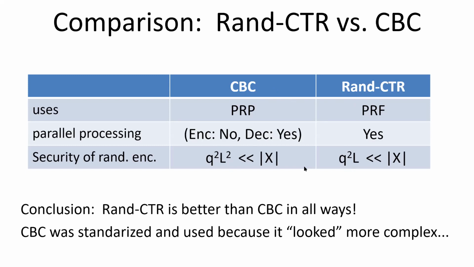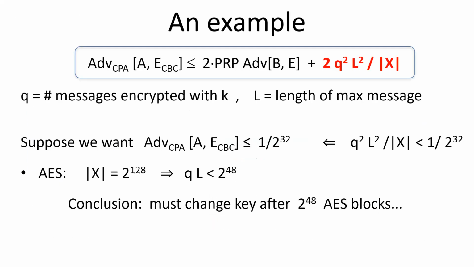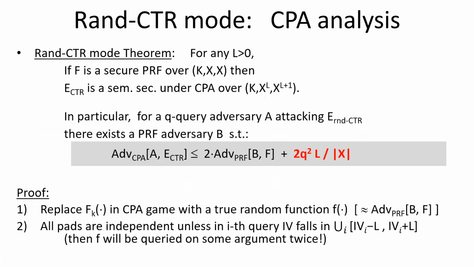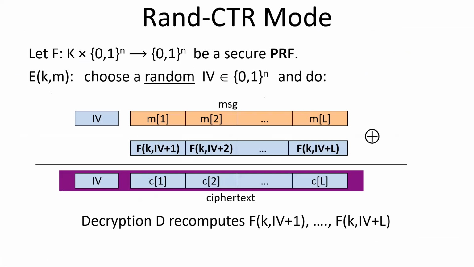CBC came first, and I think it was preferred by many because it looked more complicated. This circuitry looks like there's more mixing between messages, they influence one another, and so does the IV. And this circuitry seems somehow too simple.